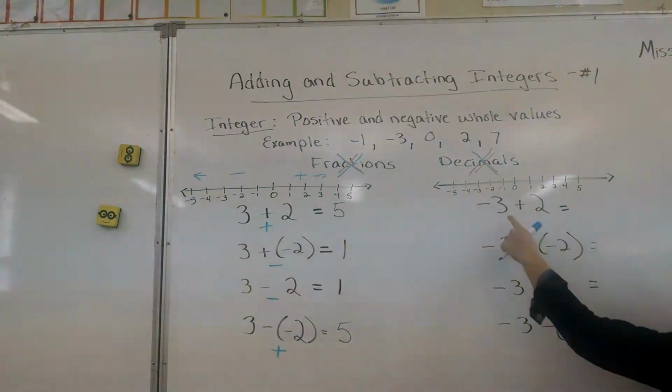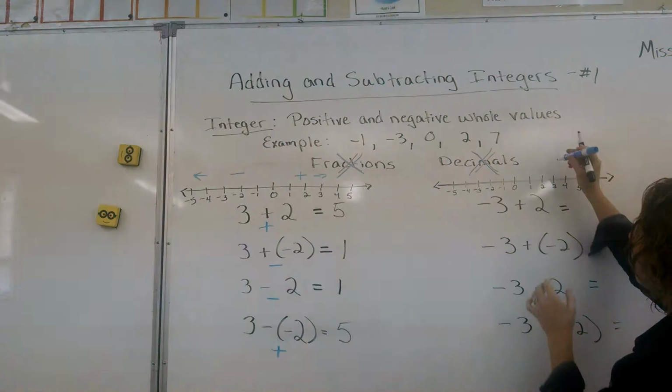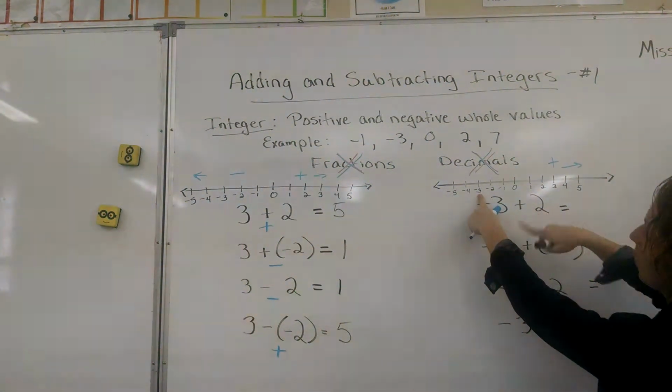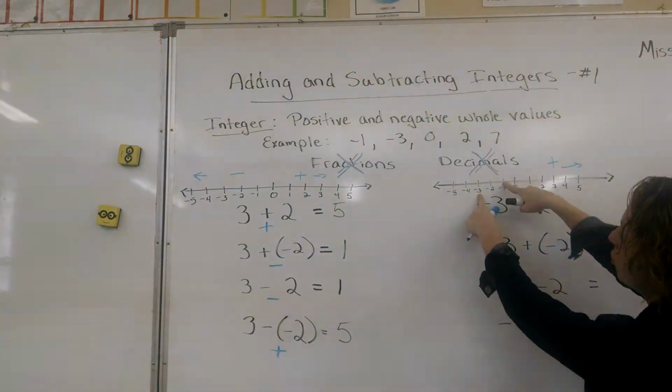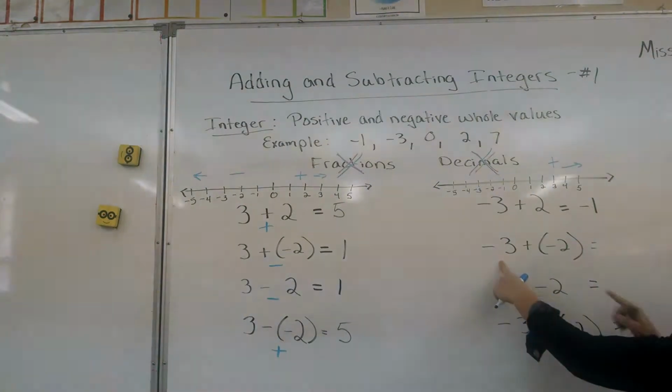Here we go. Begin at -3 and add 2. So we're moving 2 in a positive direction that way. So if I start at -3 and I move 2 positive, 1, 2, I end up at -1. Let's try the next one.